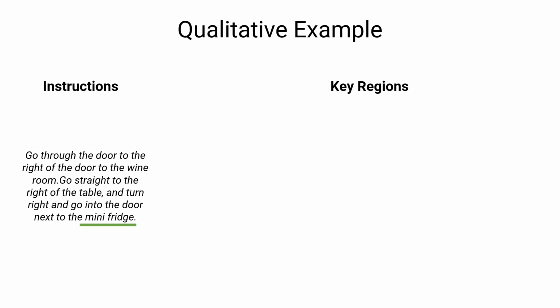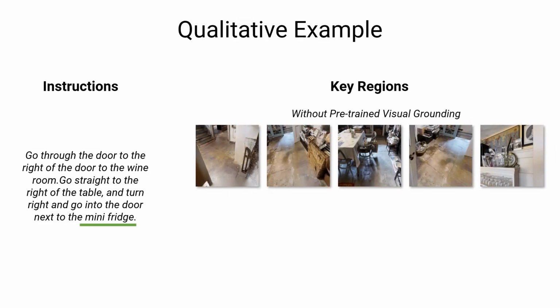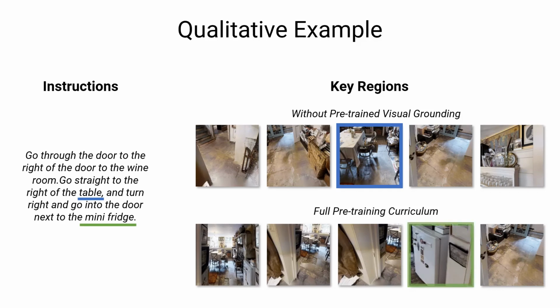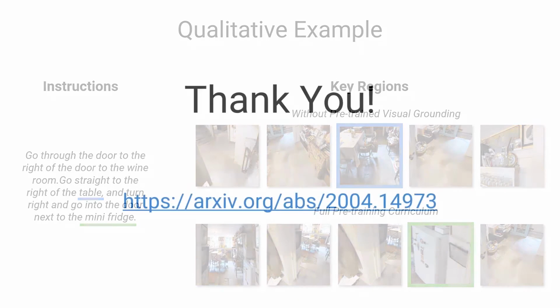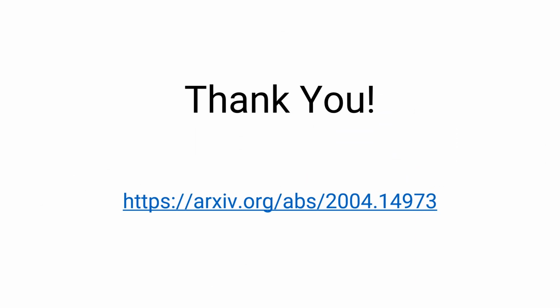When VLN-BERT is trained without image text data, it is still able to ground common concepts like table, but it does not find the mini fridge and fails to correctly follow these instructions. In contrast, when we use our full training curriculum, VLN-BERT finds the mini fridge and is able to follow the instructions correctly. Thank you, and please see our paper for more details.